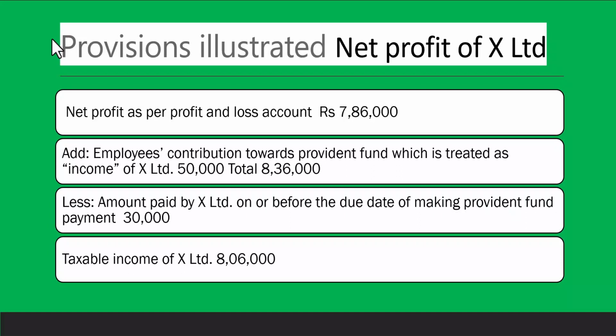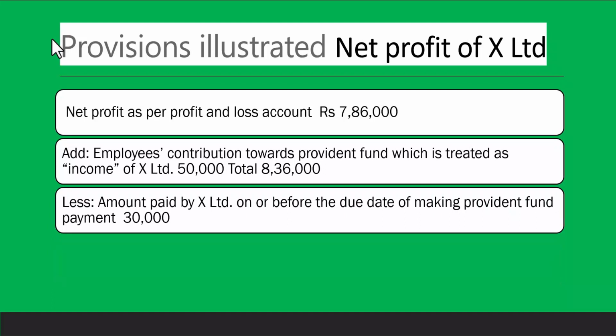In this case, the profit was 7,86,000 and 50,000 will be treated as income, and out of that 30,000 which is deposited, he will get a deduction. Rest will be treated as income. So his income will be 20,000 rupees which he has not deposited. So his income will go up from 7,86,000 to 8,06,000. Is this clear to everyone? Let me know.